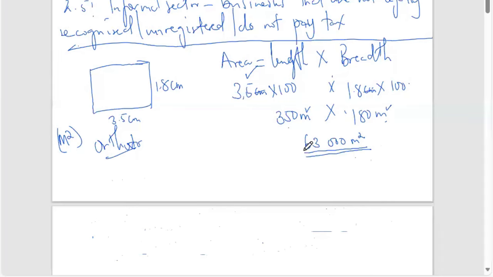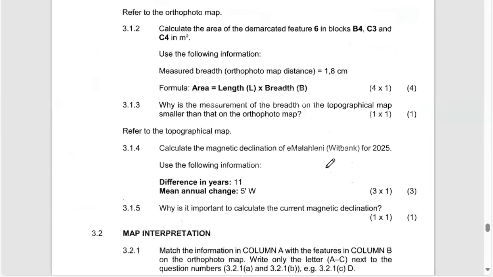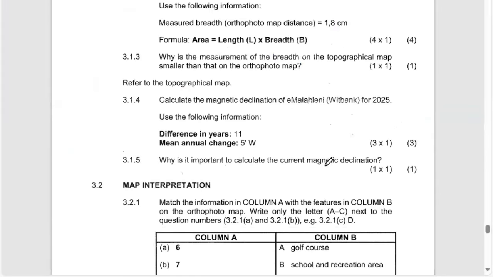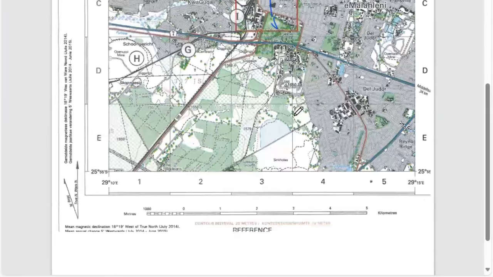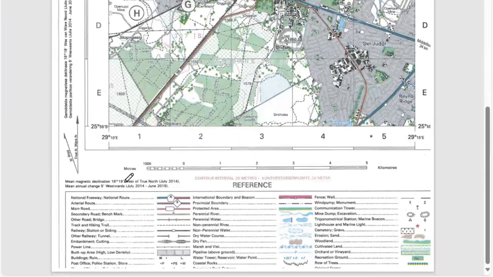Right. Why is it important to calculate? Sorry, before that, we are going to move to question number 3.1.4. Calculate the magnetic declination for Emalahleni Wheat Bank for 2025. What is the map information? We are told that in 2014, the declination angle was 18 degrees 19 minutes according to the map information.